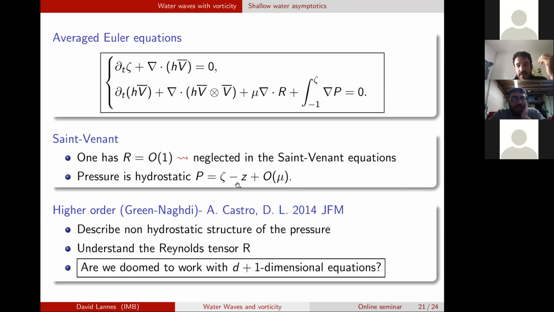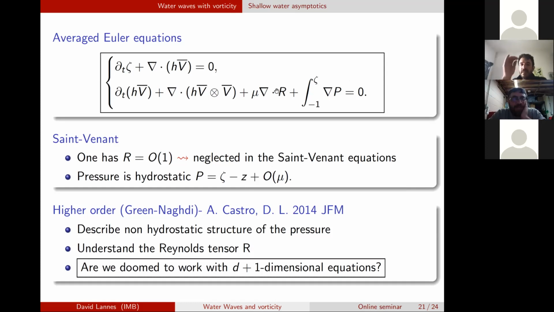But if you want to work at a higher order model, the level of the Green-Naghdi model with the dispersive term, then what happens? In the pressure, you will have to include the order mu term, the dispersive effects, which was my operator T before. This is not a big problem. But you have another problem, which is much bigger: you need to understand this Reynolds tensor R. You cannot neglect it anymore.